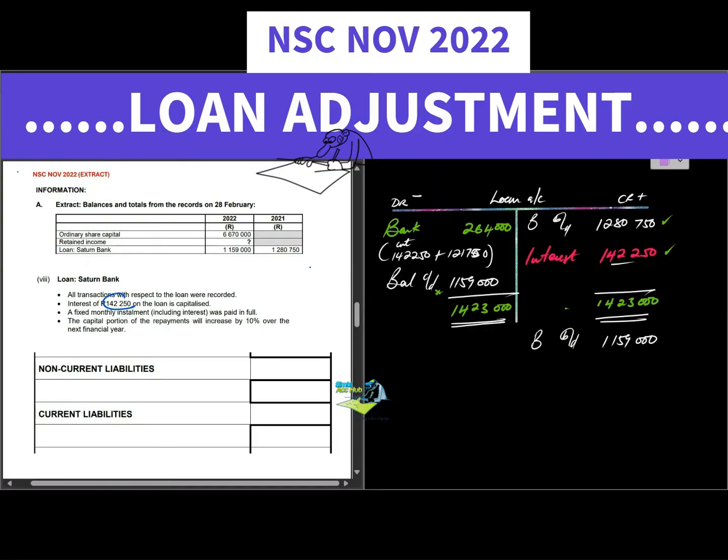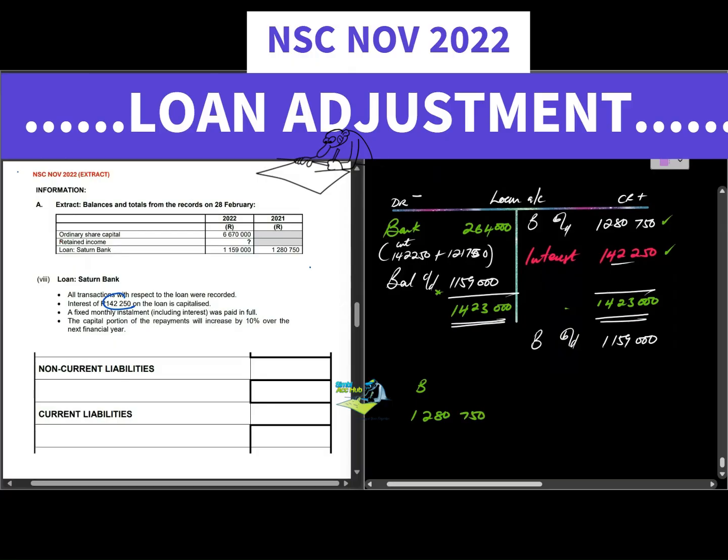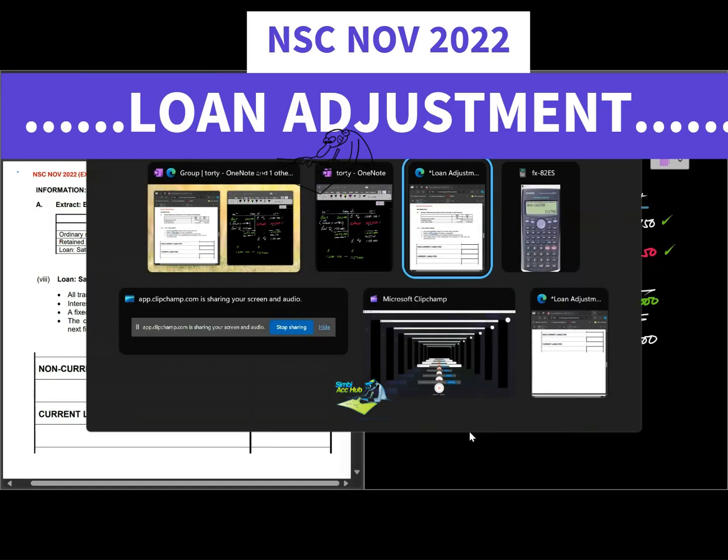That is a long way to do it. The quicker way is simply to say your loan at the beginning, which is 1,280,750, then you subtract your loan at the end. Are we still together? Which is your 1,159,000. Let's see how much that is going to give us.